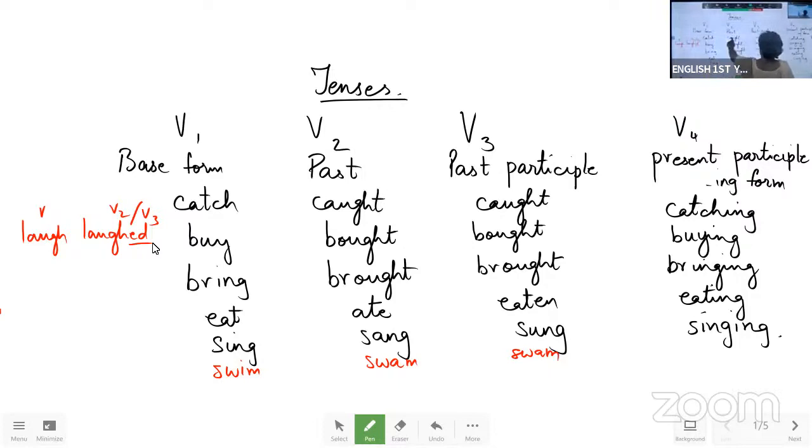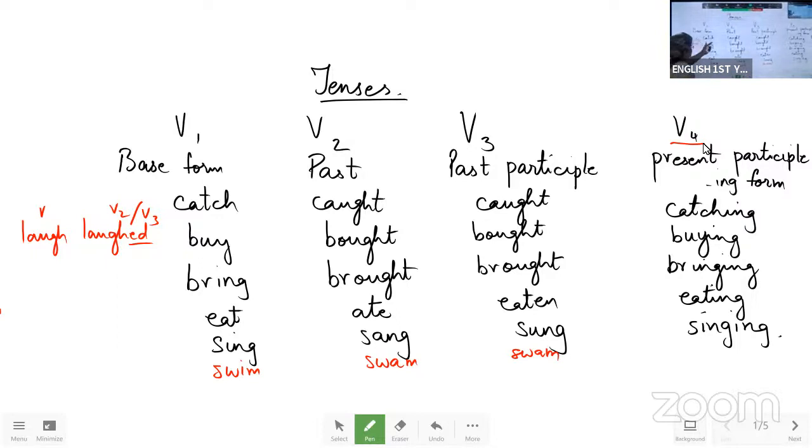So remember the base form of the verb is V1, past tense is known as V2, and past participle is V3. Usually we don't say the word V4, but in the present grammar books, the word V4 is being seen. It is actually the ing form, known as present participle.